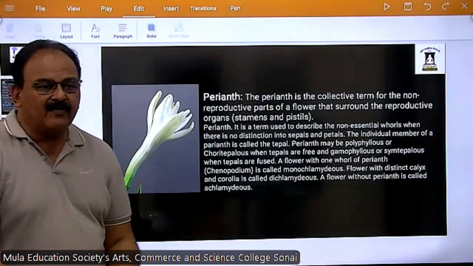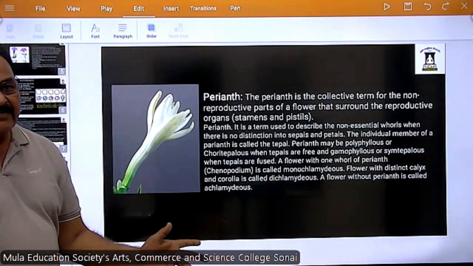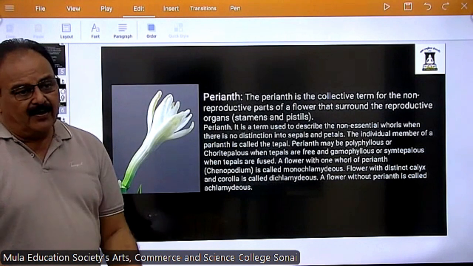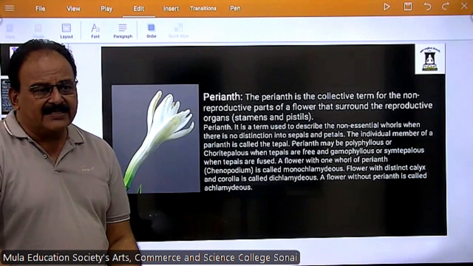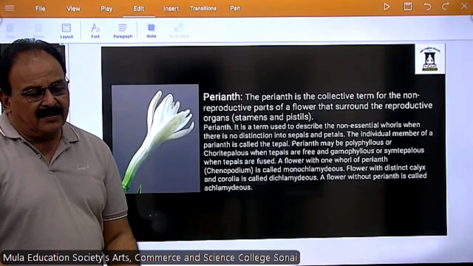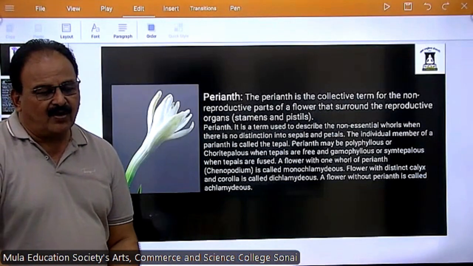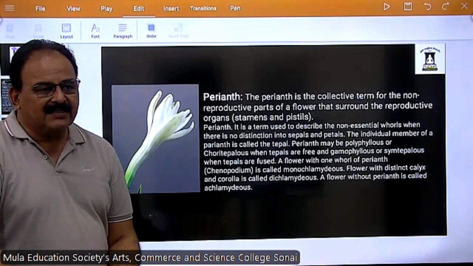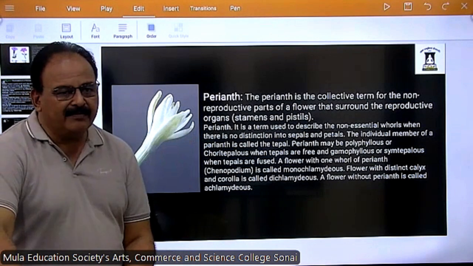Last one is perianth: calyx, corolla and perianth. Perianth is nothing but a non-distinguished whorl, that is, non-distinguished corolla and calyx, or sepals and petals, which is called perianth.